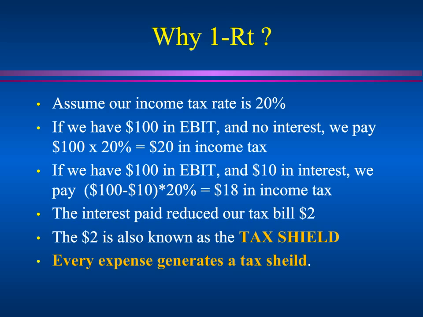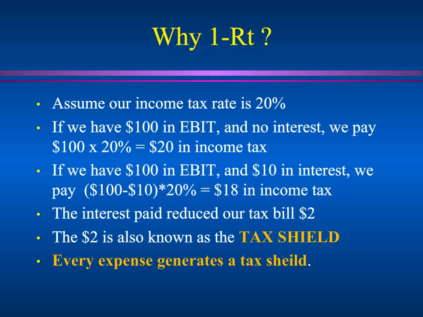All right, now if I have $100 in debt and $10 in interest, my profit is going to be, think fast here, driven down to $90, and I'm only going to have $18 in income tax. So 100 minus 10 times 20% gives me $18 in income tax. The interest paid reduced our tax bill by $2.